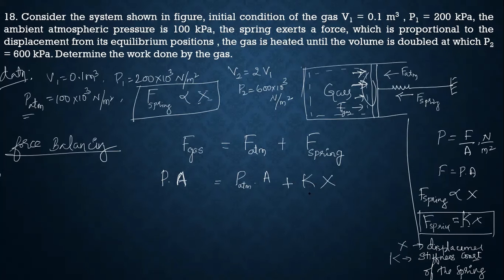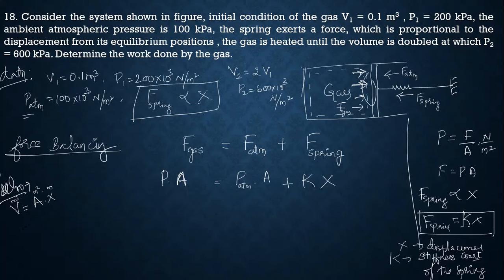And also we know that V is equal to A into X. That means V is meter cube and A is area, meter square. Volume I can write as area into displacement, meter square into meter.